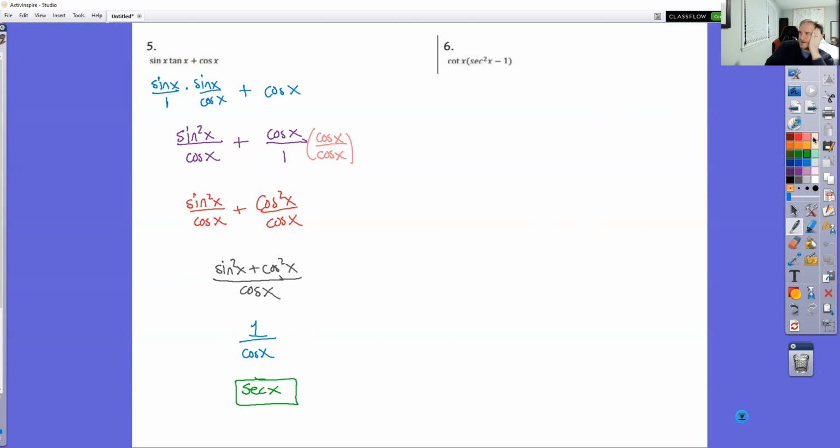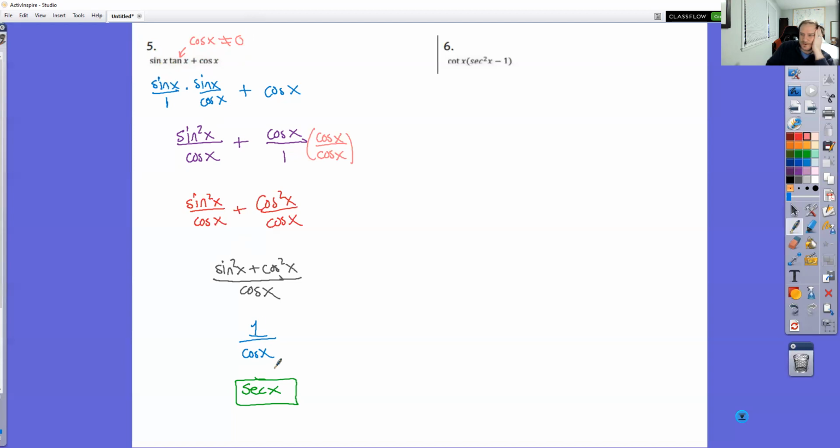Have we lost any restrictions on the domain of the original? Well, sine had a domain of all reals, cosine had a domain of all reals, but tangent, since tangent is sine over cosine, will be undefined whenever cosine is 0. So those would be the only restrictions on the domain of the original function. But we already have those same restrictions down here.